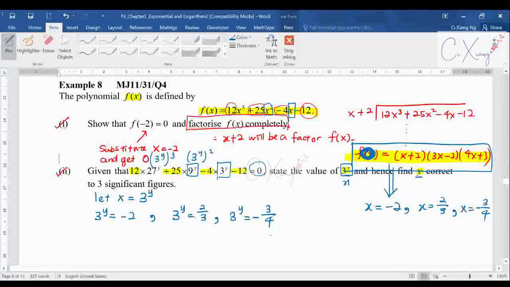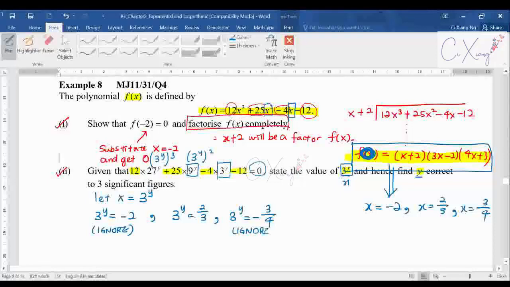Now they want you to solve the equations and get the value for y. To get the value for y, you need to take ln on both sides for all these 3. If you take ln of -2, you get a math error. Therefore, ignore this one. For the third, also the same: if you take ln of -3 over 4, you also have a math error.